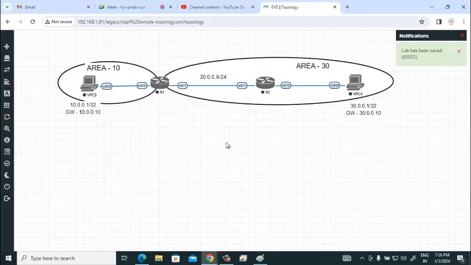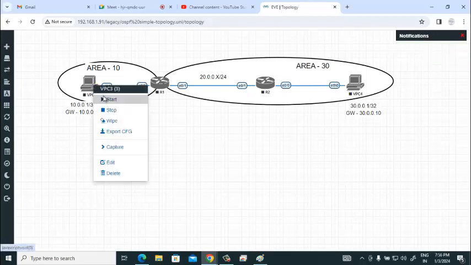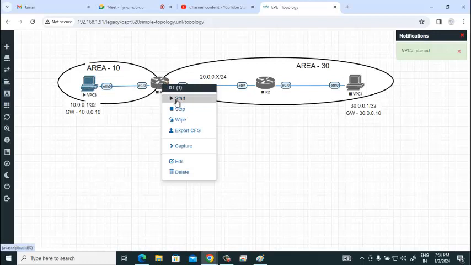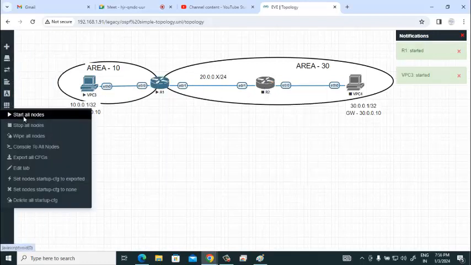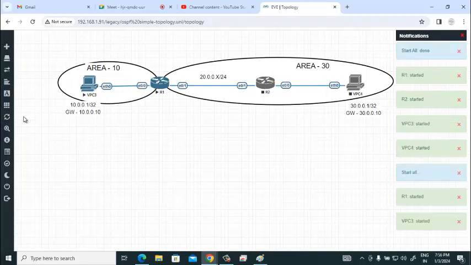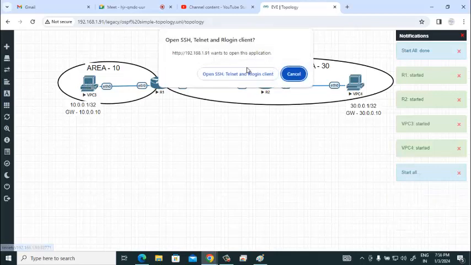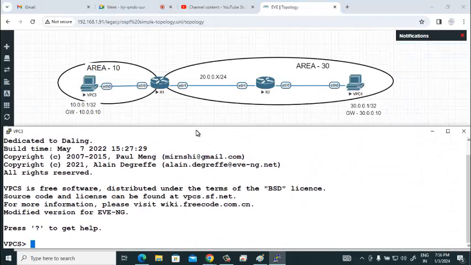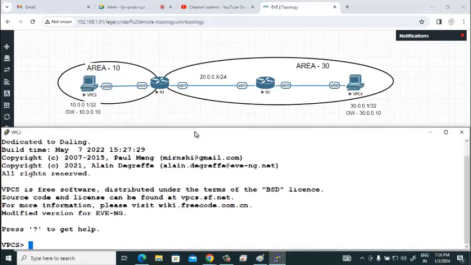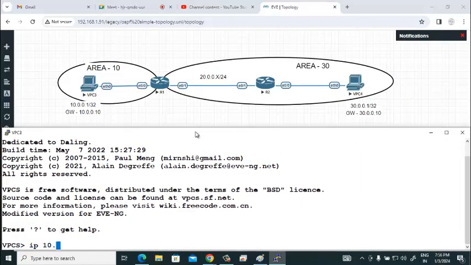I can go here and start all the nodes. I'm going to configure from the left. For this PC, I'm going to give IP 10.0.0.1. Oh, not 32. It should be 24. There I made a mistake. No need to put a slash, just put 24. And the gateway is 10.0.0.10.